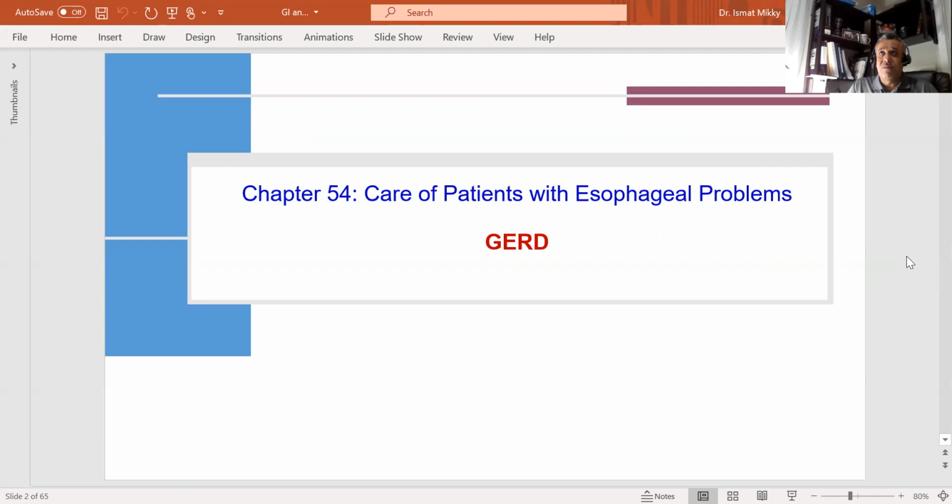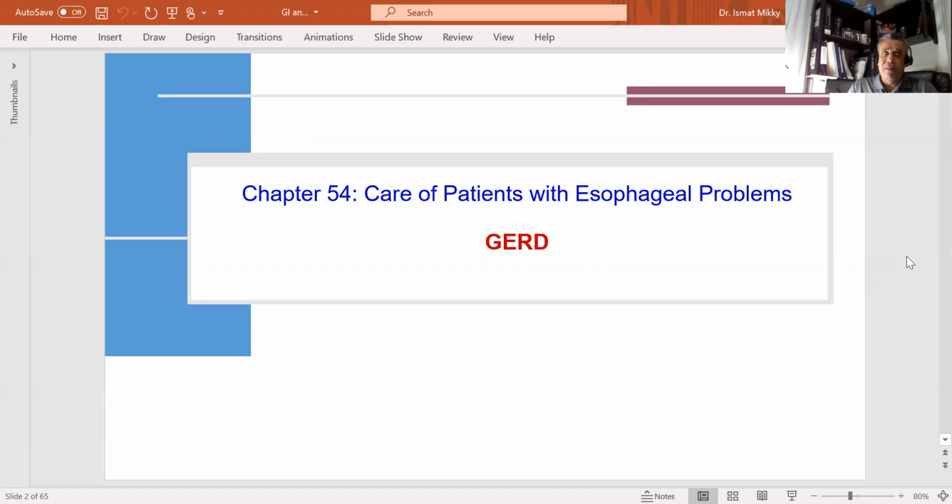Medications prescribed to treat GERD are antacids, histamine 2 (H2) receptor antagonists or blockers, and PPIs. If symptomatic relief is achieved with the H2 blocker or the PPI, then discontinuation of the treatment after 8 to 12 weeks may be successful.